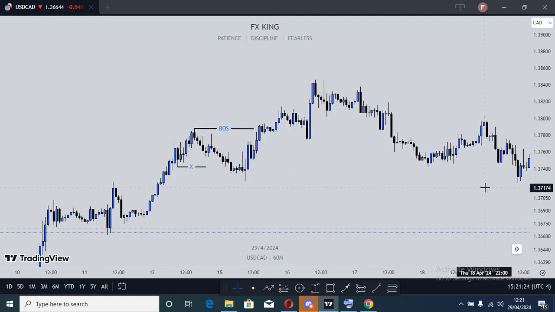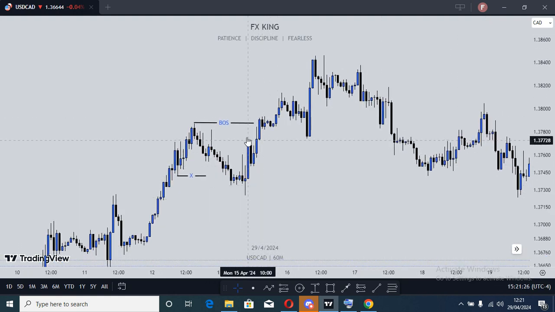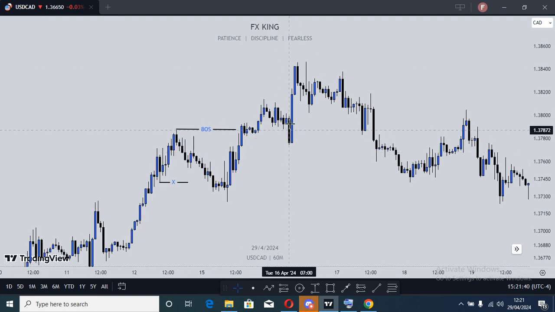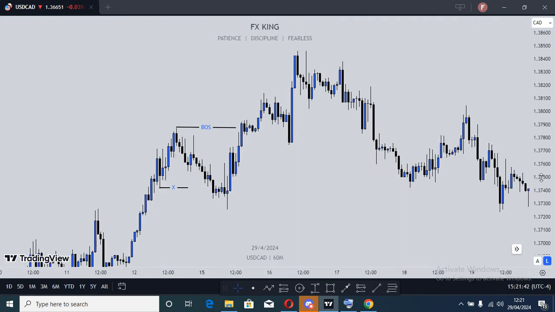Now, when this break of structure occurs, what are you looking for in the market? The first thing is your inducement. After your inducement, you can start looking for buy opportunities. Looking at the chart here, you can see that this was a minor pullback.